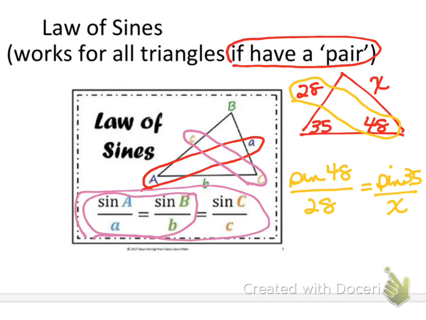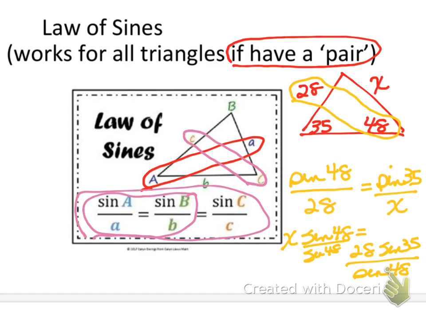So we're going to do our cross products. So that's going to give us x times the sine of 48 equals 28 times the sine of 35. Divide both sides by the sine of 48.